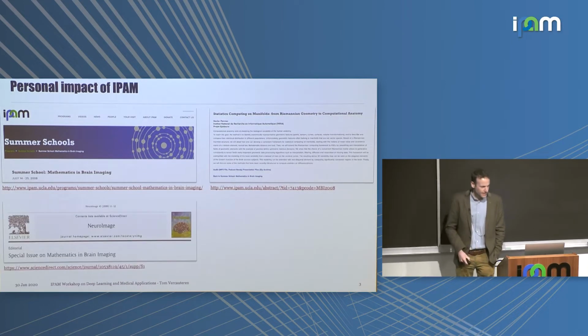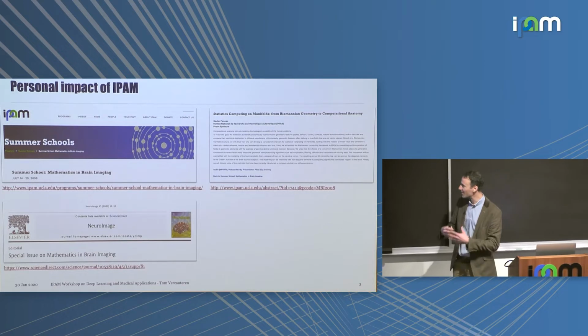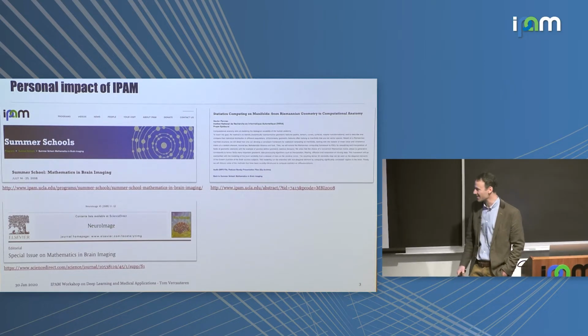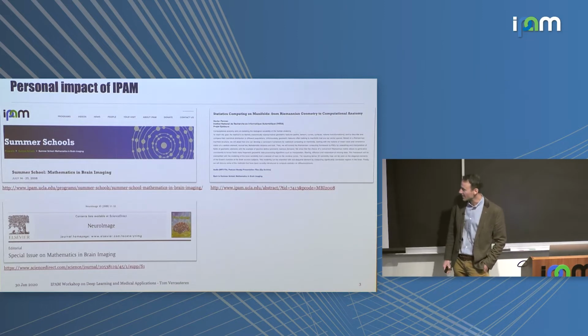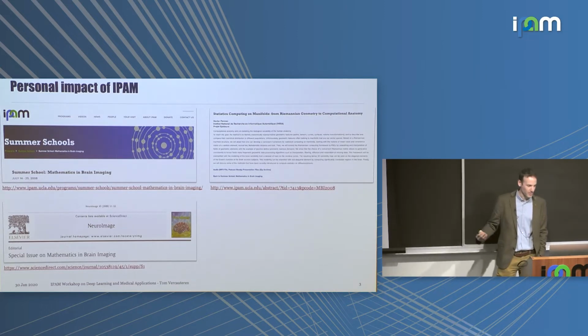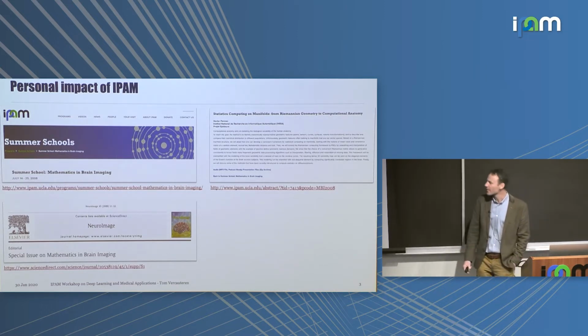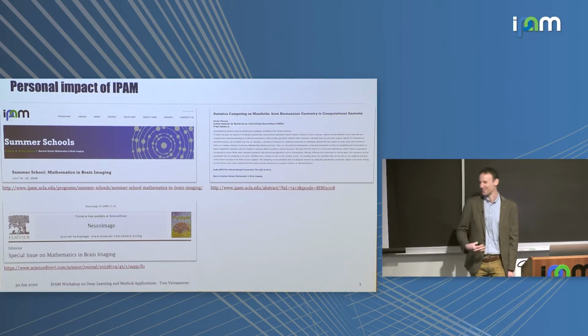After that summer school, the faculty decided to come together and create a special issue in Neuroimage on the same topic, mathematics in brain imaging. My PhD supervisor at the time forced me to take one of my works and publish it as a journal paper, which I was very reluctant to do because I didn't see the interest in extending my conference paper to a journal paper.